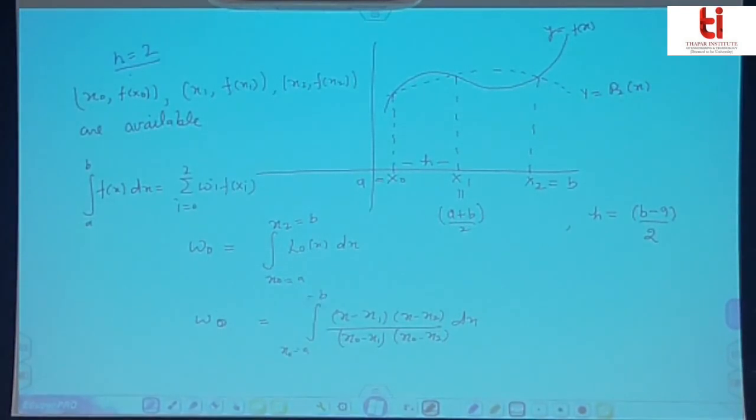So what is coming out to be? The value is h/3, where h is (b minus a)/2, as we have already written here.